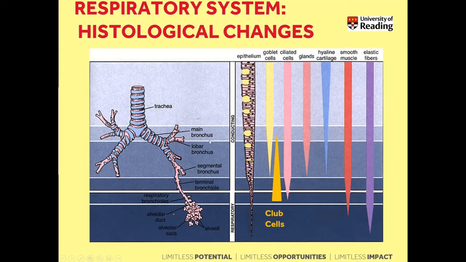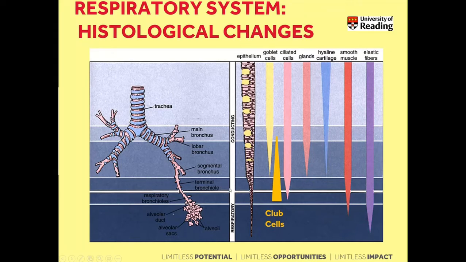Continuing on looking into the histological changes that occur in the respiratory system, I would like to note that the respiratory system can be divided into conducting zone and respiratory zone. We will talk about these two different zones in a second.